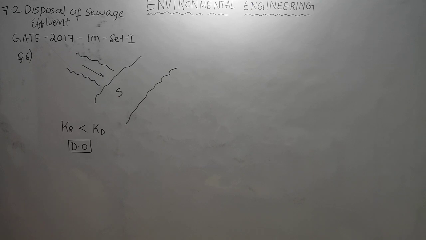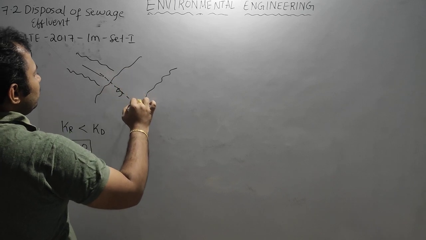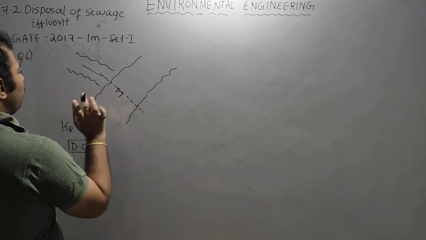The option that the dissolved oxygen is lowest at the location S is not correct. Lowest at a point upstream of the location of S is also wrong. Remains constant all along the length of the river is wrong. Is lowest at a point downstream of the location of S is correct. See, this is the location where we are sending the effluent into the river water.